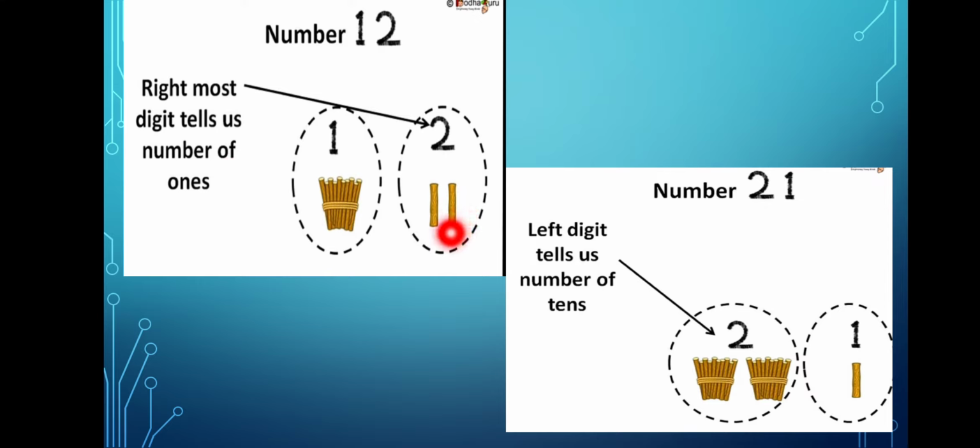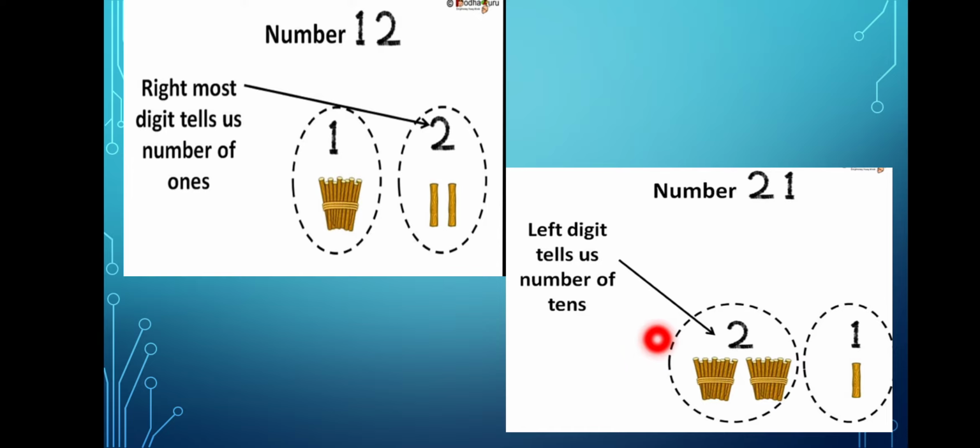In 12, 2 is on the right side, and it represents 2 sticks, but in 21, 2 is on the left side and it represents 2 bundles of 10, or 2 tens. This means the left side digit tells us how many tens there are.